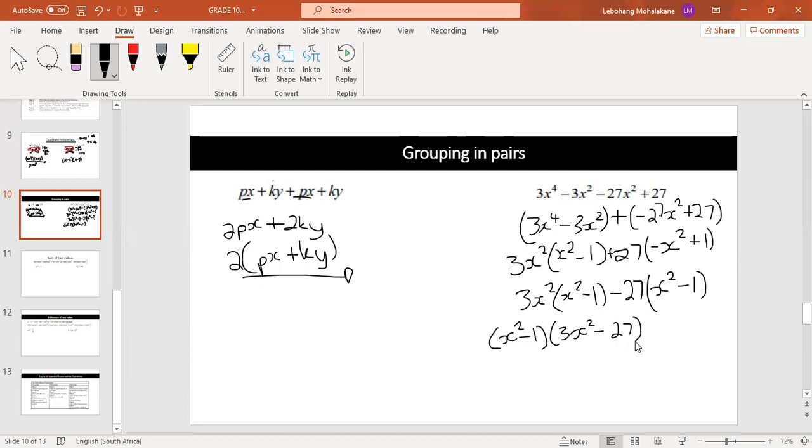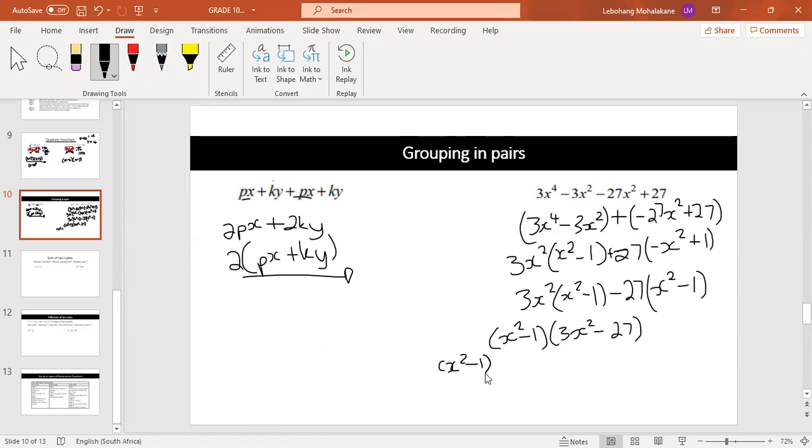And as you can see, this is an example of the difference of two squares. With this one also, I think we can still have a common factor between these two. There's a common factor here. So this is going to be x squared minus 1.